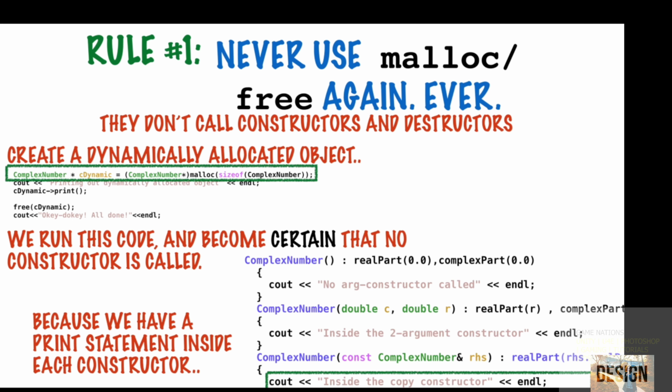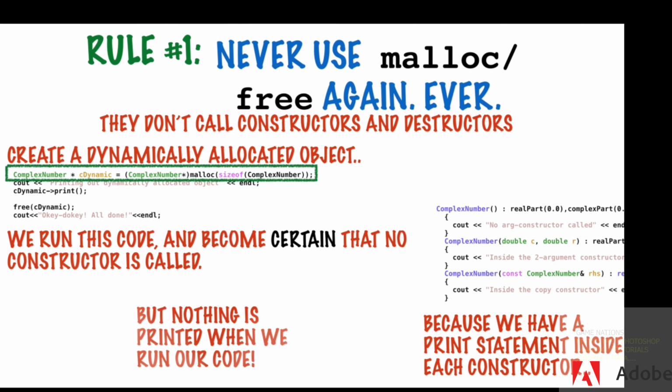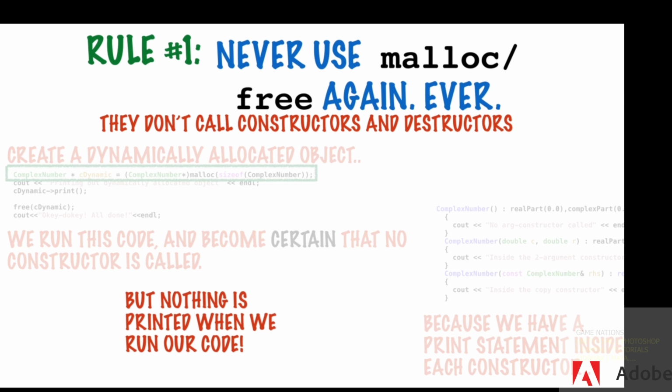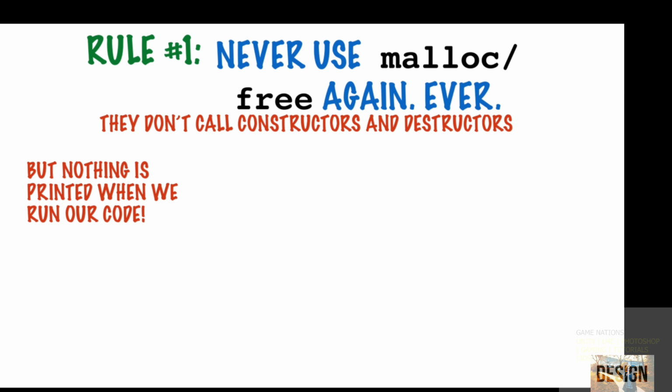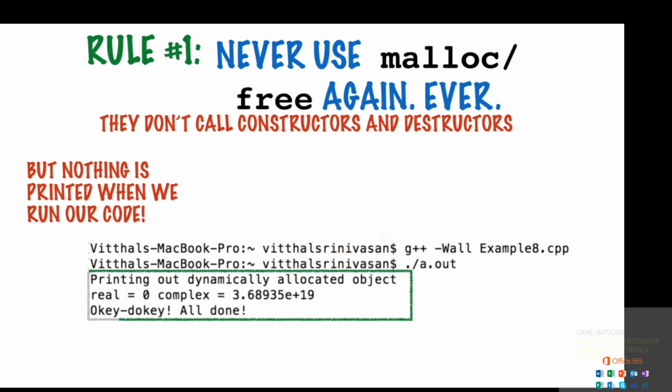You take this piece of code, the code which has the malloc statement, and you run it. Nothing is printed on screen when we run our code. There is no message from the constructor. If any of the constructors had been called, we'd have a message from the constructor.